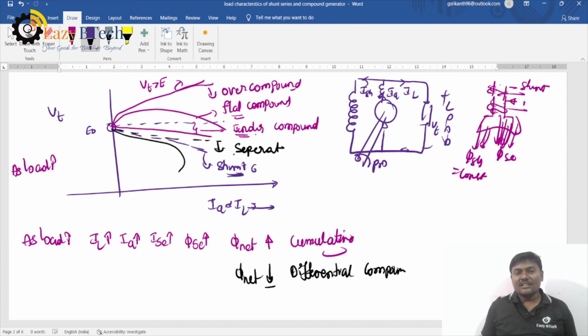Okay, this is the exact curve of load characteristics of all, and this can be used for lighting purposes. Cumulative compound is used for lighting purposes and battery charging.